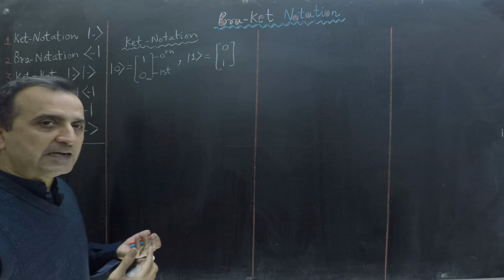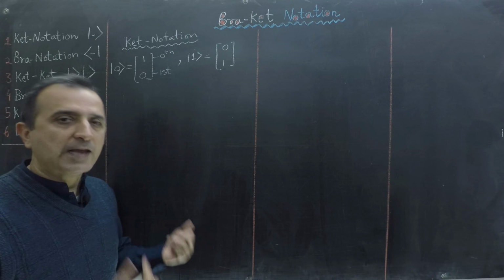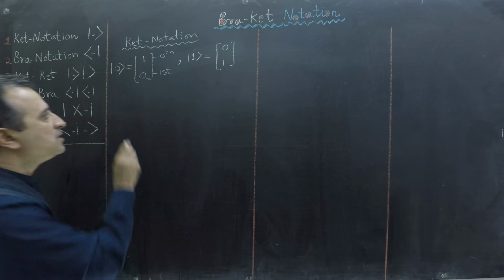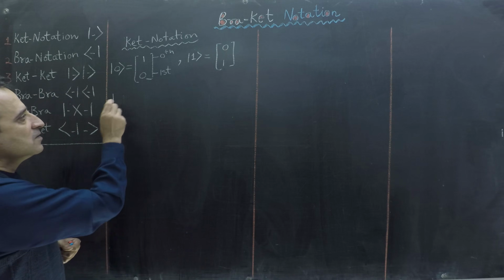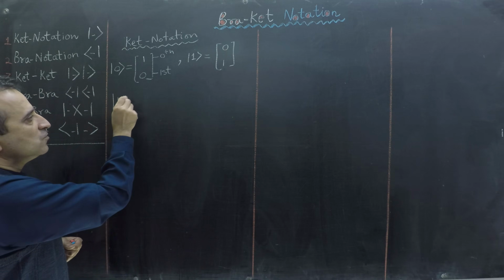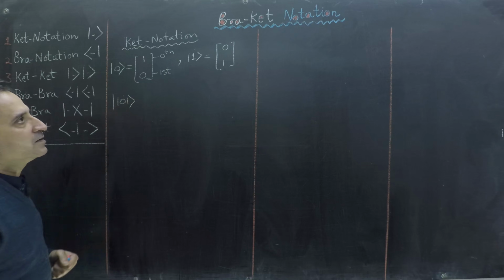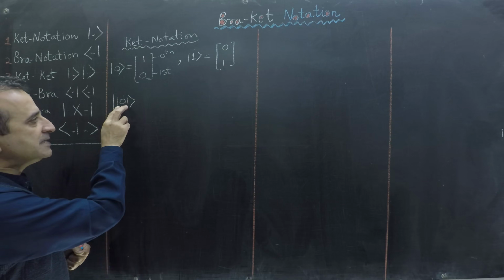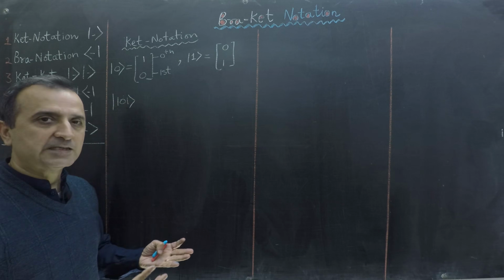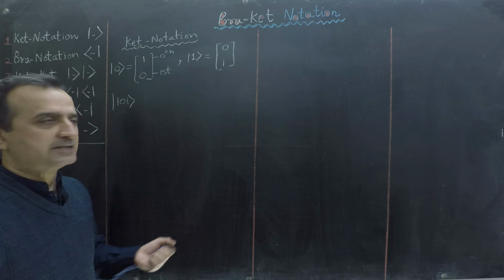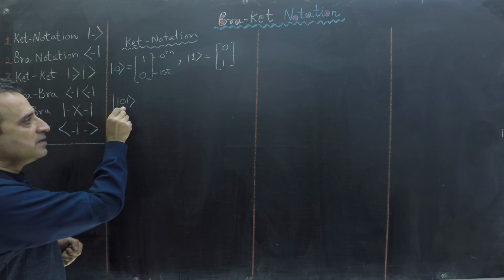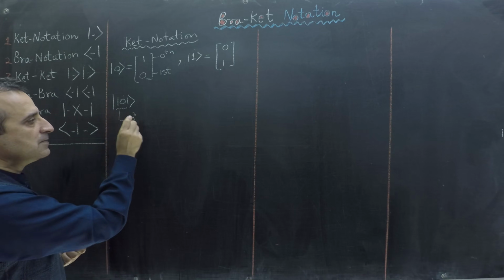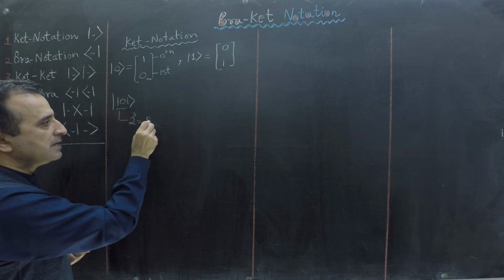We can extend this concept to any column vector. Let's take an example of Ket 1, 0, 1. First of all, we have to see how many binary digits are here. In this case, there are 3 binary digits. So from here, we know that 2 raised to power 3 is equals to 8.